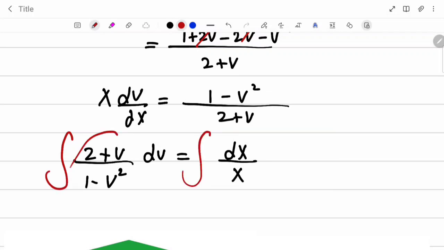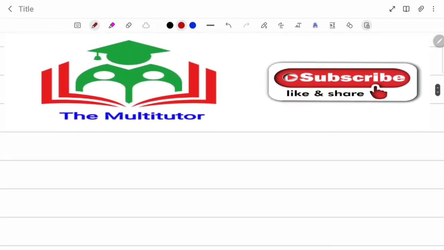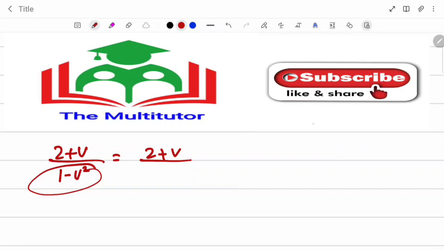No, firstly I have to separate it into partial fractions. So, can I write 2 plus v upon 1 minus v square? Remember, this is based on a square minus b square, that is a plus b and a minus b.